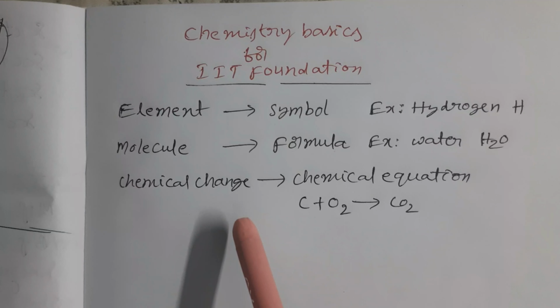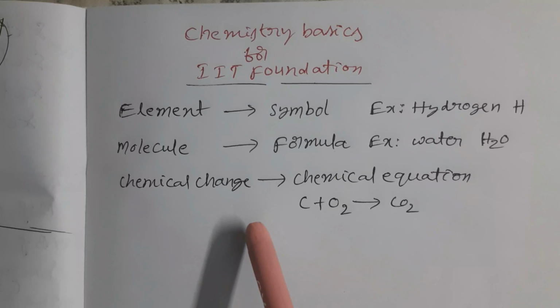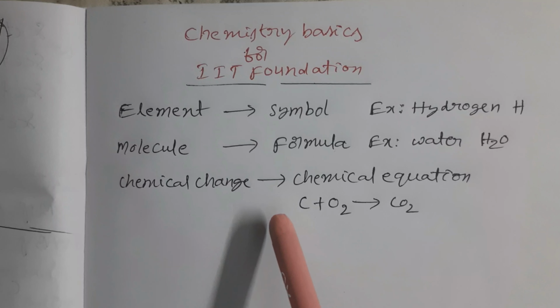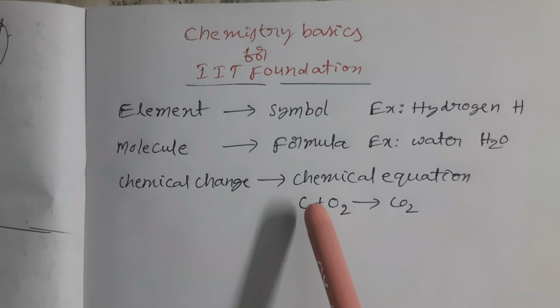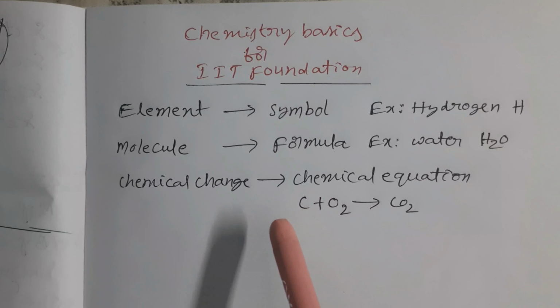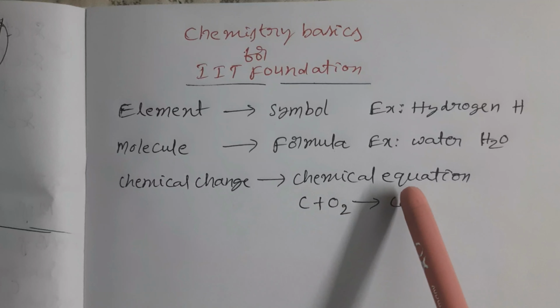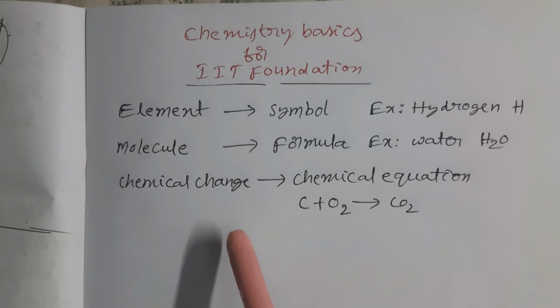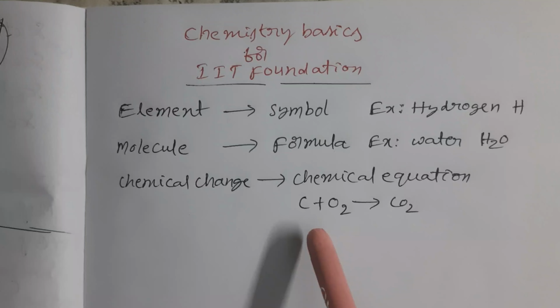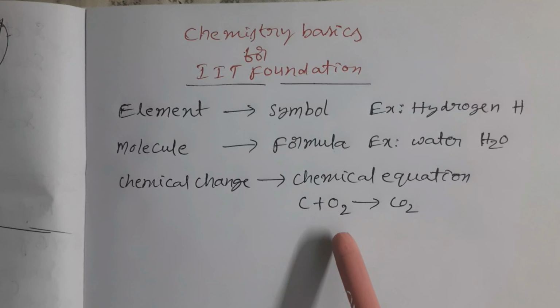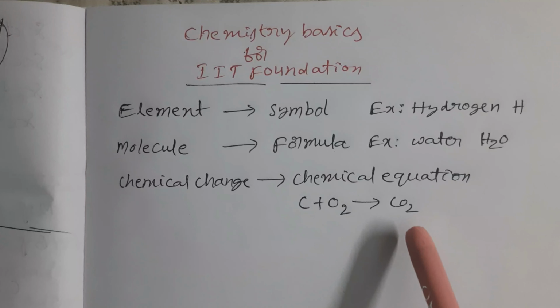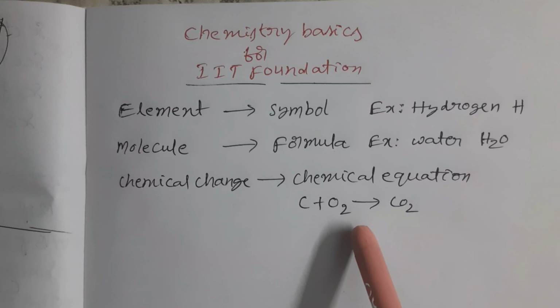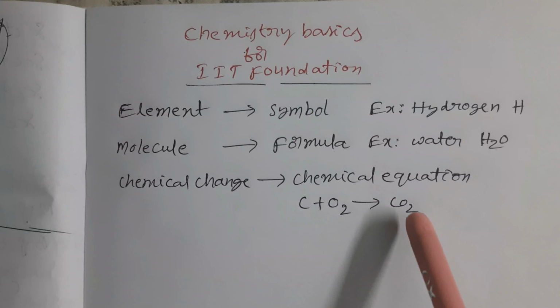Chemical change. In the higher level it will be present, but I am giving the introduction one by one. Chemical change means the short representation of chemical changes is by a chemical equation. Suppose I give an example: carbon plus oxygen gives rise to carbon dioxide. This is represented with a chemical equation.